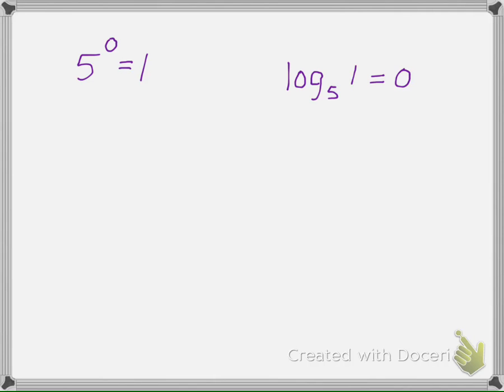Can someone give me another true fact about an exponent that doesn't involve the 0? Give me a harder one. Can we get more creative? Can someone come up with one that actually has a fraction in it?